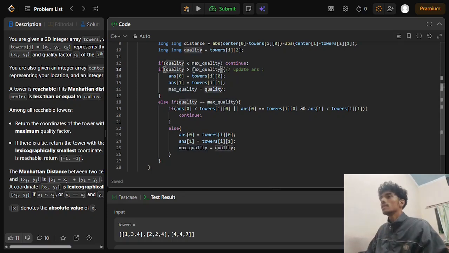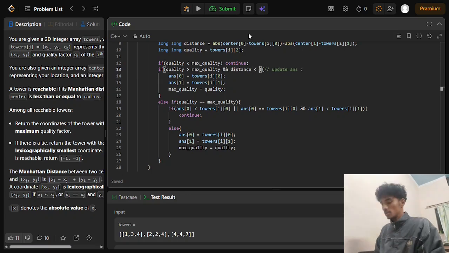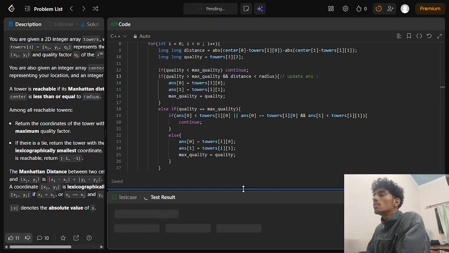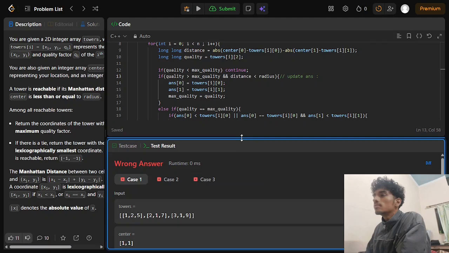If our quality is greater than our max quality, and our particular distance is smaller than the radius, meaning it is reachable and the quality is greater than our max quality, only then we will update our coordinates.